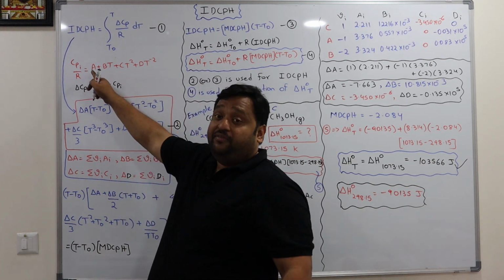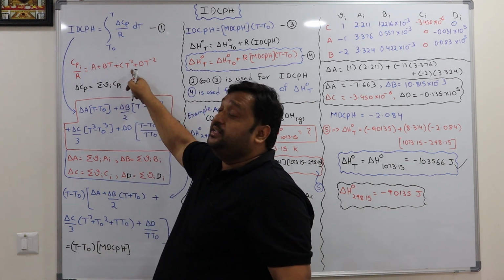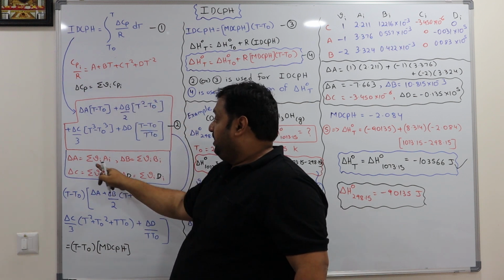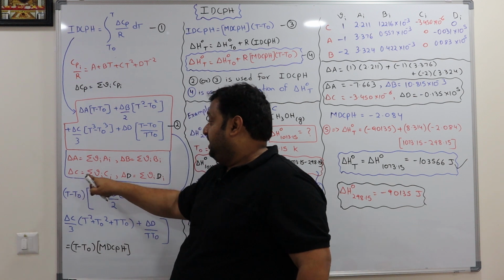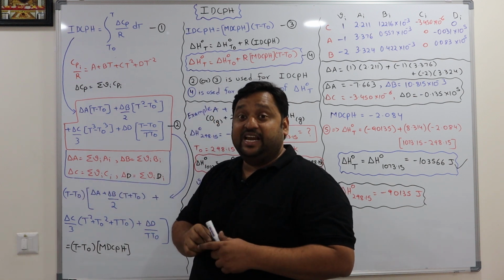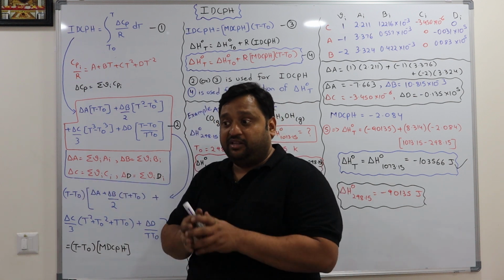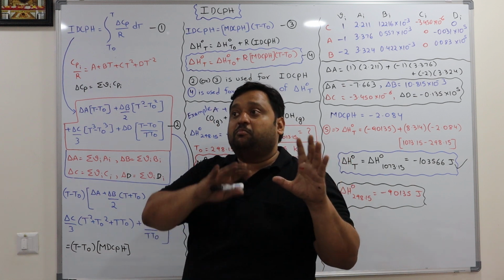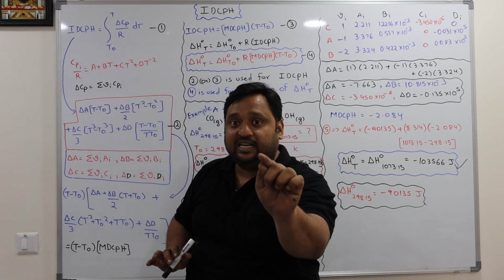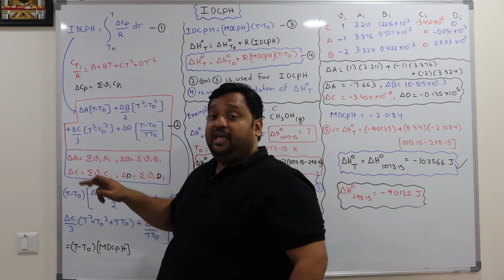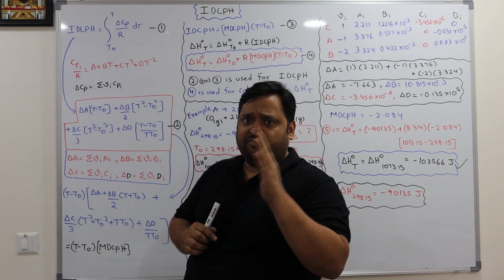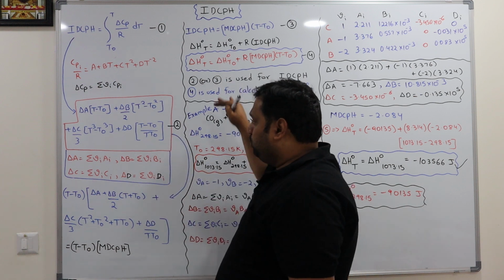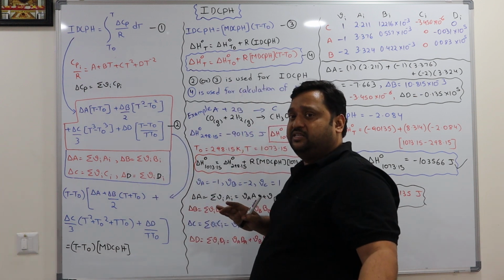Because every component consists of these A, B, C, D terms, you have to evaluate delta A, delta B, delta C and delta D. Wherever you see delta, it means products minus reactants. That is what this delta represents. Once you go through an example, you will understand what these terms are.